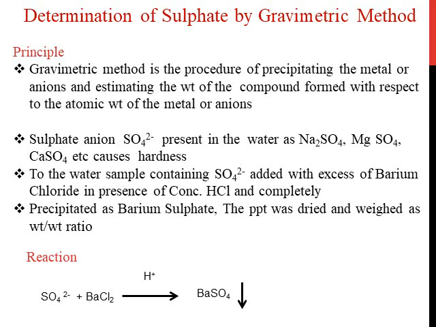After continuous drying, when all the water has evaporated from the barium sulfate, weigh the crucible along with the precipitate and subtract the empty weight of the crucible, and you will get the weight of the barium sulfate. From the weight of the barium sulfate, the amount of SO4 2- present in the solution is calculated. So that is the principle of determination of sulfate by gravimetric method.